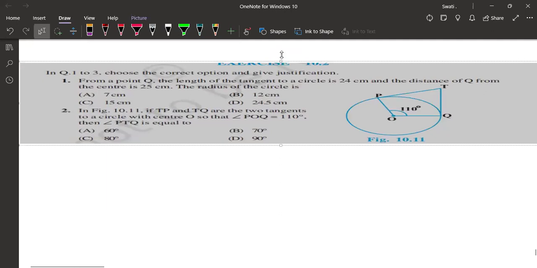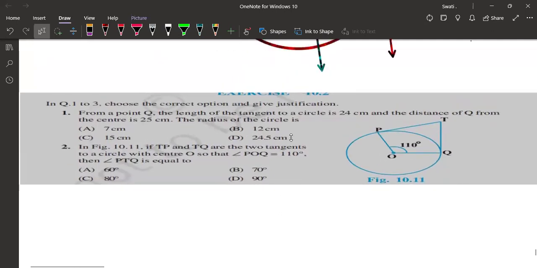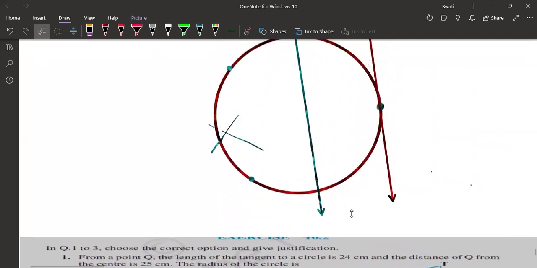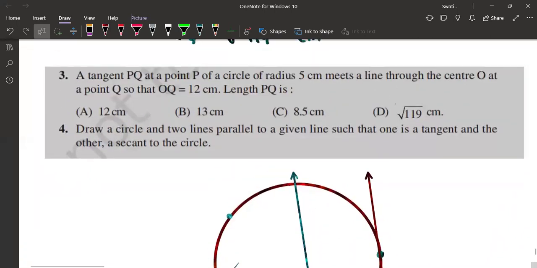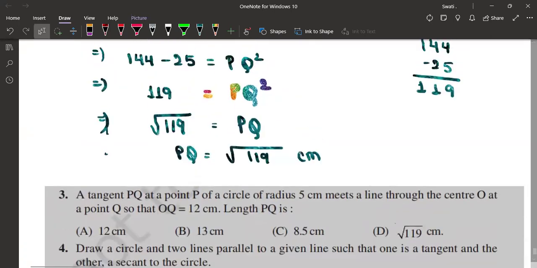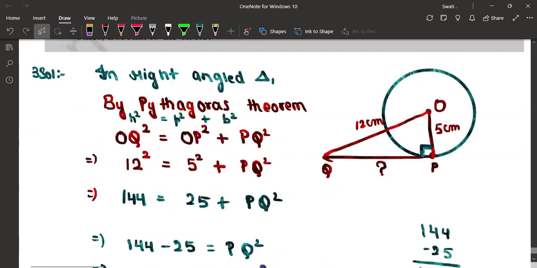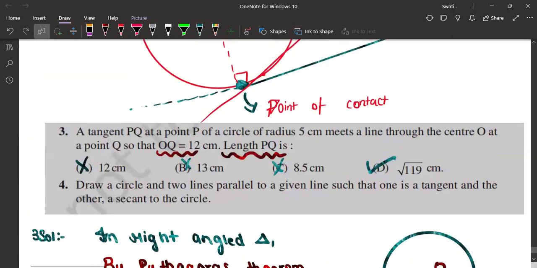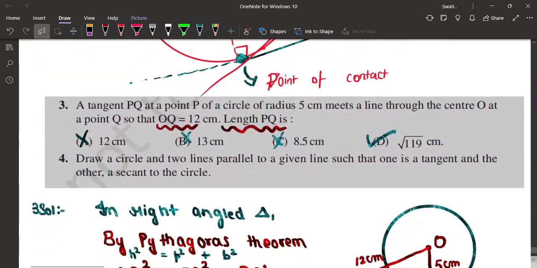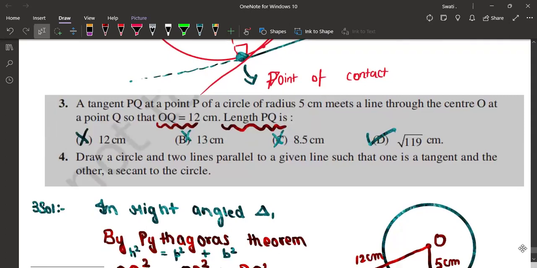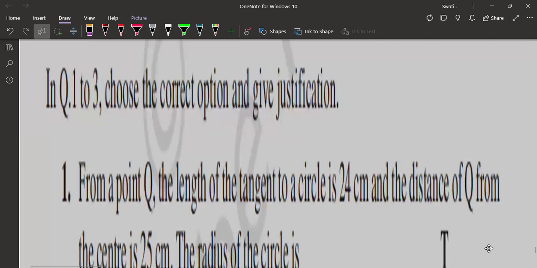Will you be able to read the question? Okay, I knew that this is going to happen.